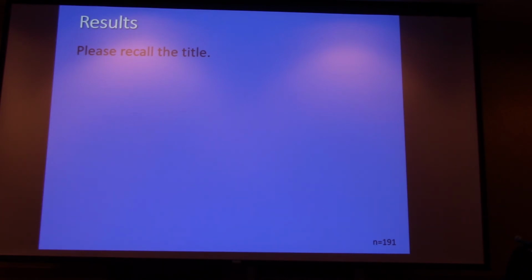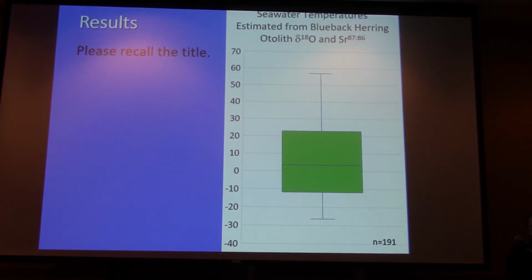What we got in that last column was a range of temperature values of seawater blueback herring potentially were exposed to in their last year of life in the North Atlantic that ranged from roughly negative 27 degrees Celsius to almost 60 degrees Celsius. The picture of the woman on the title page is not actually me banging my head on the desk.